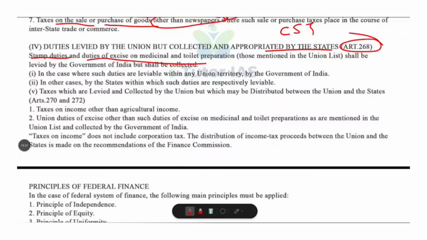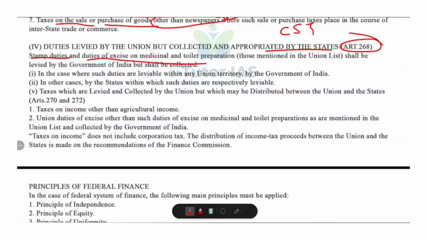So what is called stamp duty? These stamp duties mentioned in the Union list but used within a state are levied by the central government, collected by the respective state government, and entirely appropriated by the state. And what about the duties of excise on medicinal and toilet preparations?